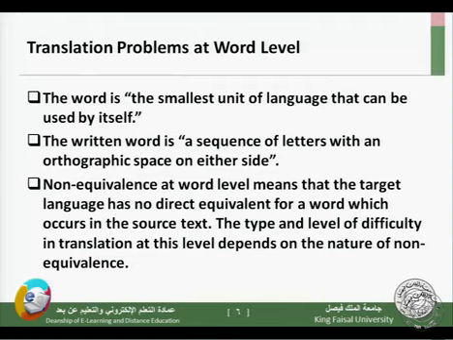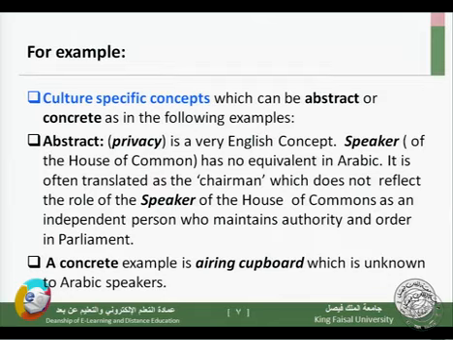Now, we are still talking about word level. Let's see what we have. At word level, I'm going to give you a few examples to explain the potential problems that a translator might encounter when dealing with translation at word level.